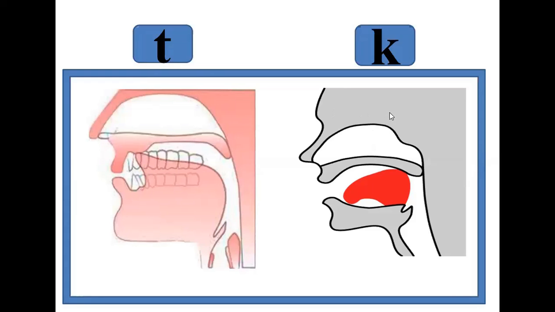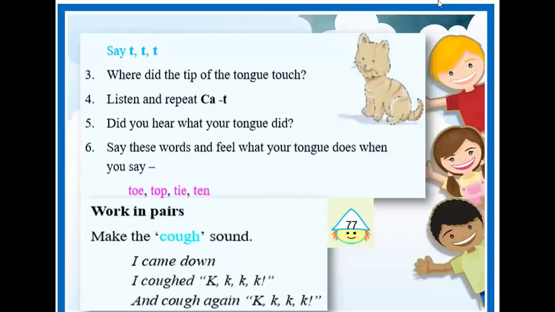And in order to make the sound K, the back of the tongue is used. Now let's get back to your textbook and see what is given there. Say T, T, T. Where did the tip of the tongue touch? Children, we all know that while making the sound T, the tip of our tongue touched the beginning of the roof of the mouth. Isn't it?